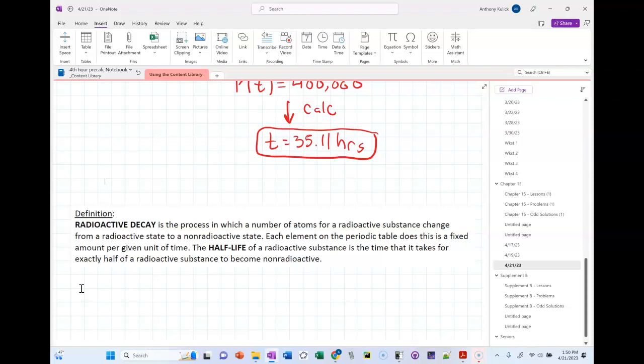So the big takeaway here is, if you're looking at a radioactive decay situation, the R value is always going to be the same. What is that R value going to be for a half-life? Somebody take a stab, please.